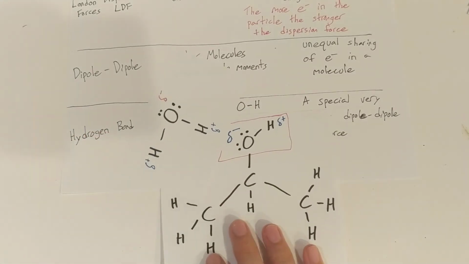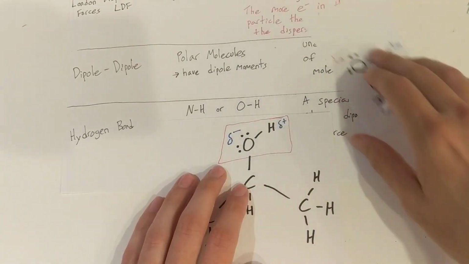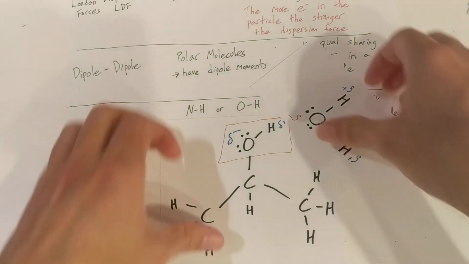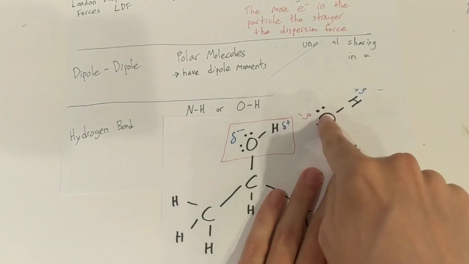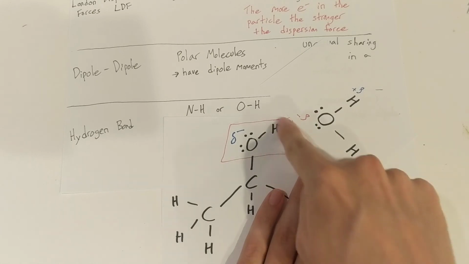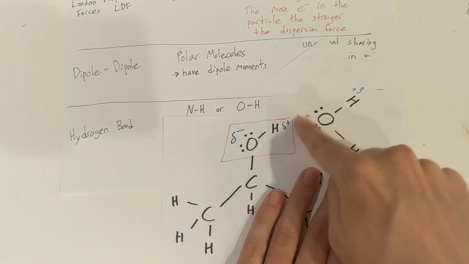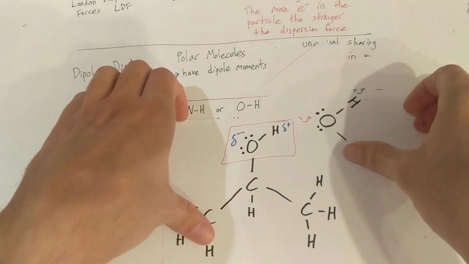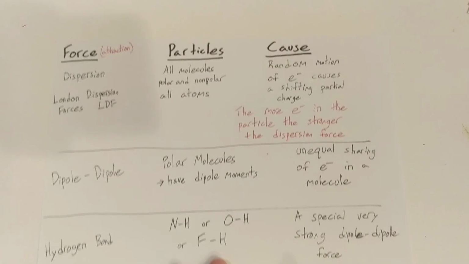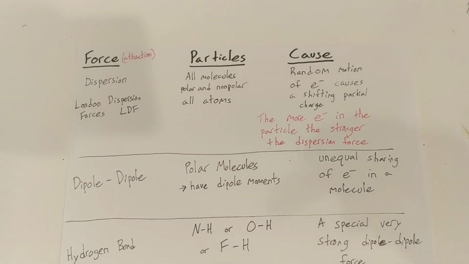So it might attract like that, or your strong partial negative might attract like that. So that would be a hydrogen bond right there. The attraction between this strong partial positive and that strong partial negative.